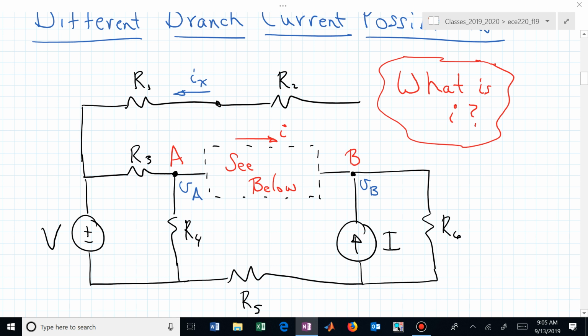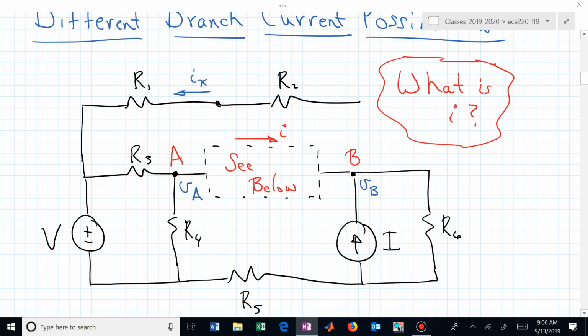That's the idea. You should be able to see that according to node A, or at location A, if we started calculating KCL, there's a current going to the left through R sub 3, and that would be V sub A minus capital V divided by R sub 3. That would be the current going to the left.